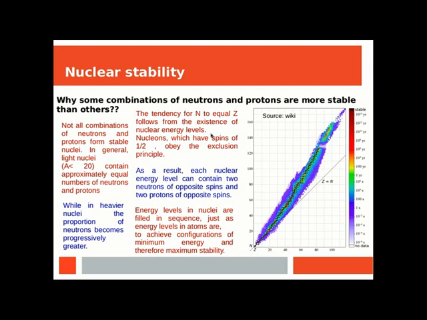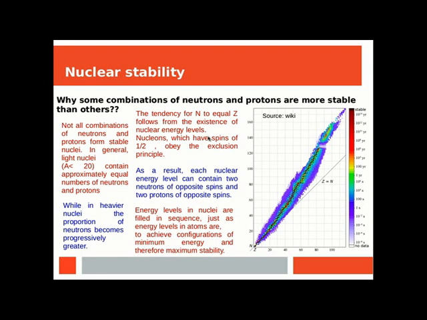You know that electrons are spin half particles. Just like electrons, neutrons and protons are also spin half particles. They arrange themselves in nuclear energy levels just like electrons arrange themselves in atomic energy levels.